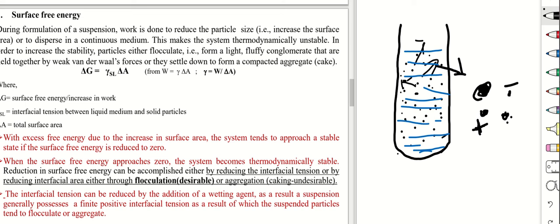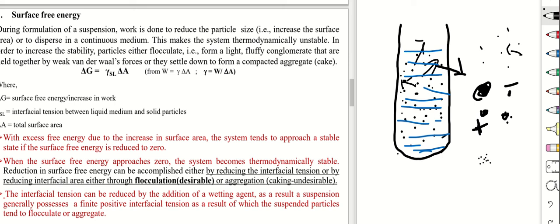So being pharmacists, we should make sure that the surface free energy of all these particles should be reduced, and all these particles should come together and form floccules.